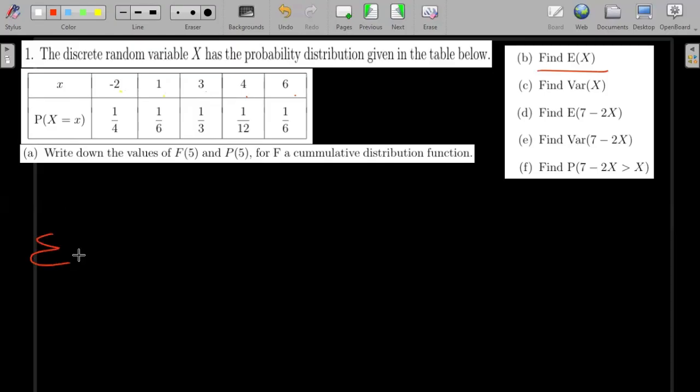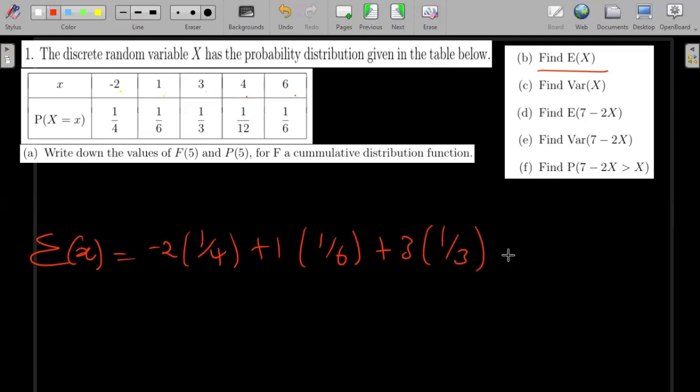So the expected value of X will be equal to -2 multiplied by 1 over 4 plus 1 multiplied by 1 over 6 plus 3 multiplied by 1 over 3 plus 4 multiplied by 1 over 12 plus 6 multiplied by 1 over 6. Okay, so this is what we have.